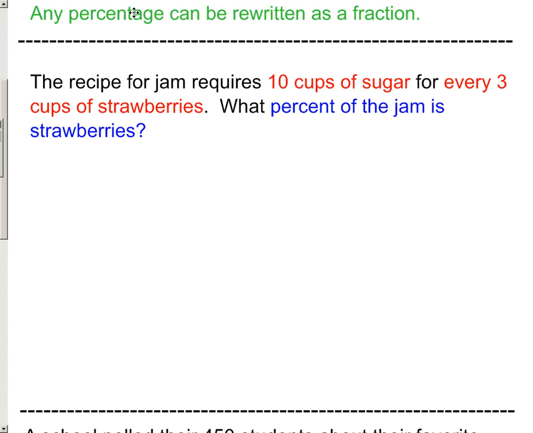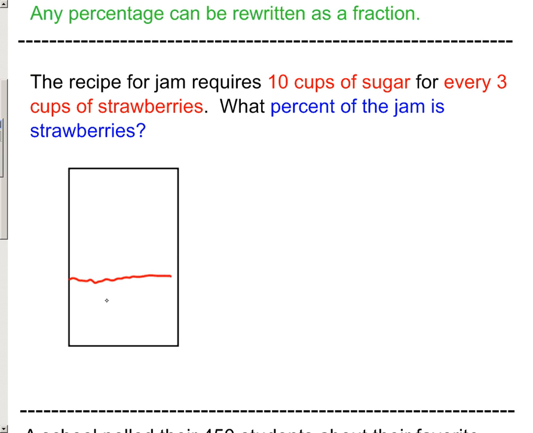So instead, what I want you to do is actually picture this big pot that you're using to make the strawberry jam. So here it is, and let's just dump in our 10 cups of sugar. So we dump it in, and it fills up the pot right there. There's our 10 cups of sugar right there.